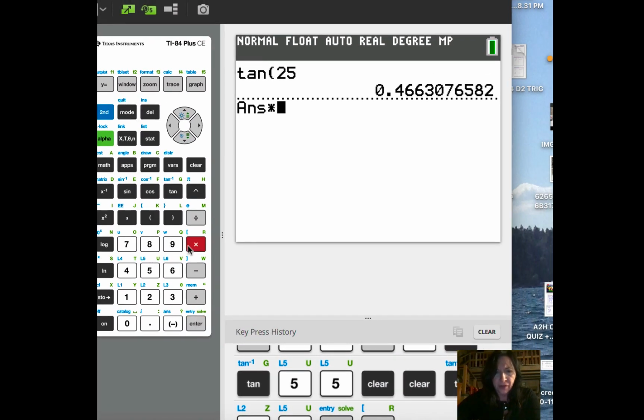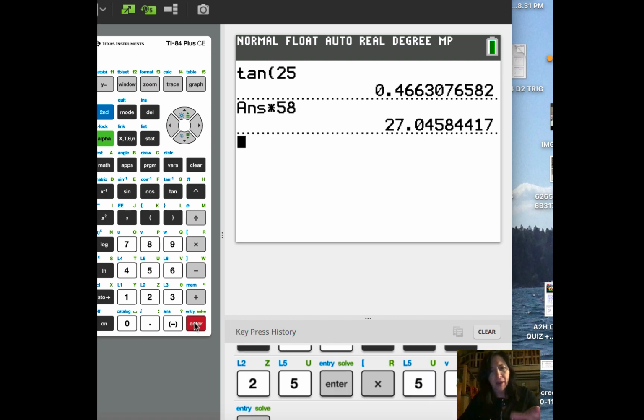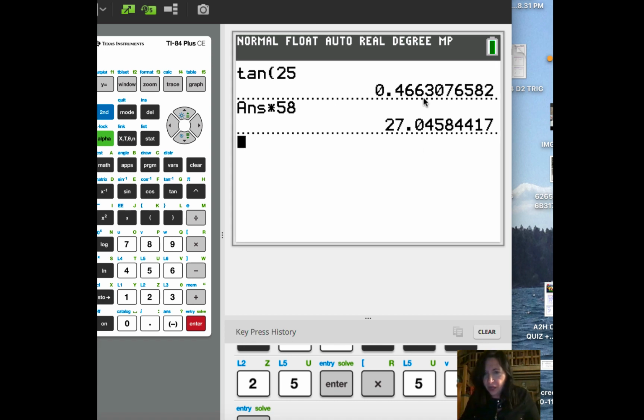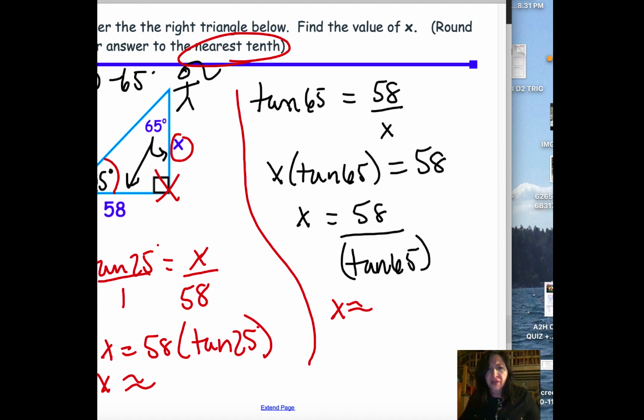So you go times 58, and then you hit equal. And I get approximately 27.045. Depending on if I'm rounding to the nearest tenth, I would cut this off here. So it'd be about 27 to the nearest tenth. So this value here is about 27.